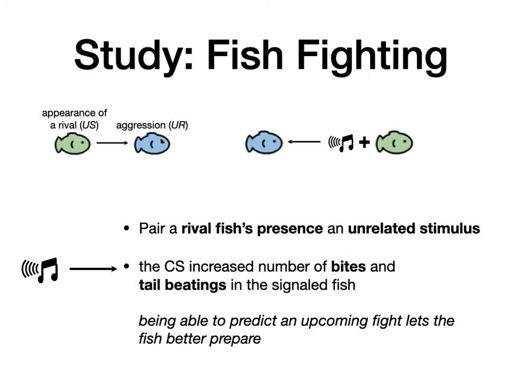So the fish who knows that an opponent is nearby is able to predict an upcoming fight and prepare itself a bit better. Not great, we're not trying to encourage fish violence, but the fact is that fighting is something that happens often in nature, right? So we're talking about food, fighting, and mating.